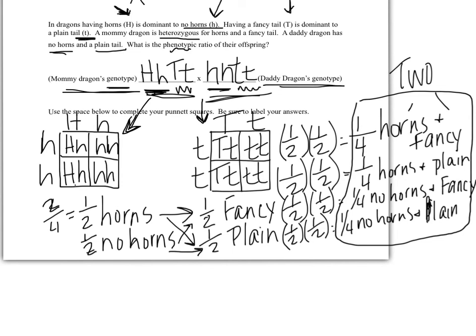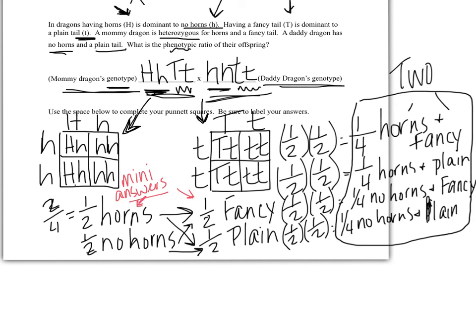And then down here, I call these mini answers. So you'd figure out, just for the H's, what would be the answer for this 1 Punnett square? So that's your mini answers for the H's and the T's.